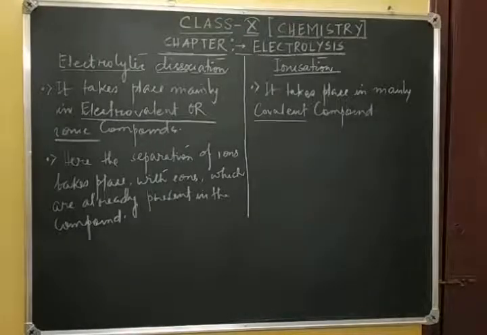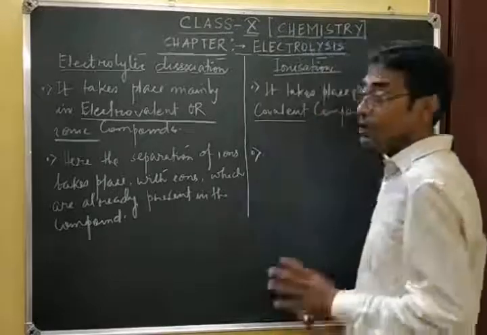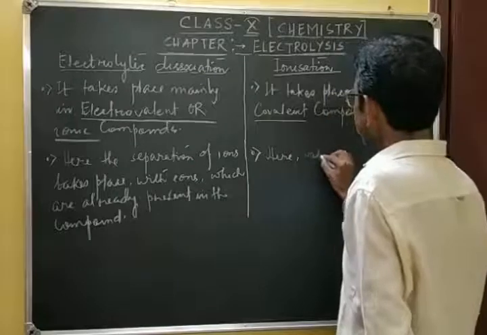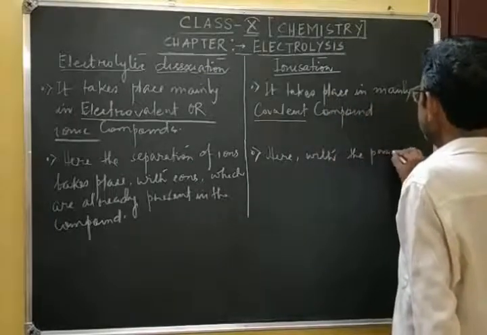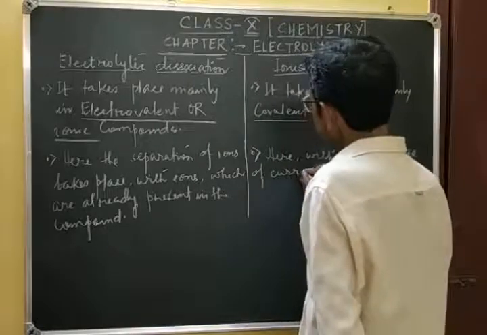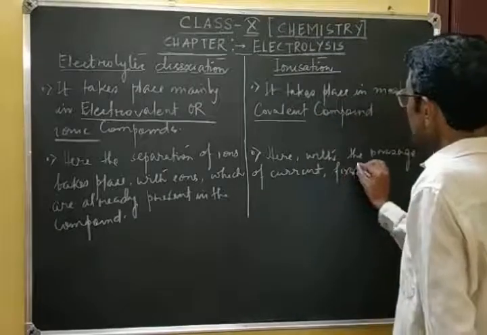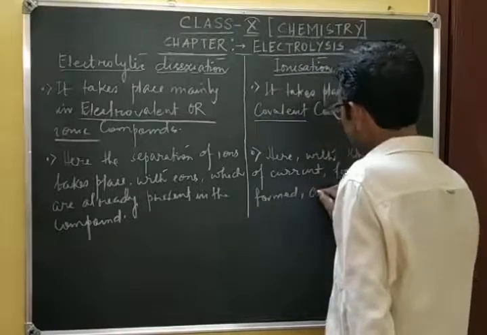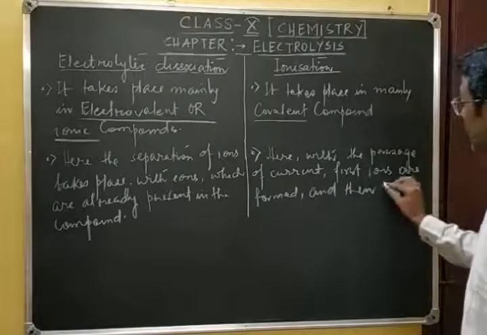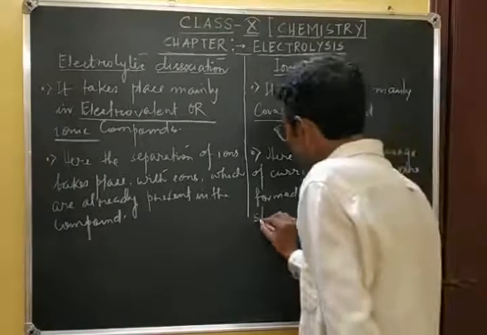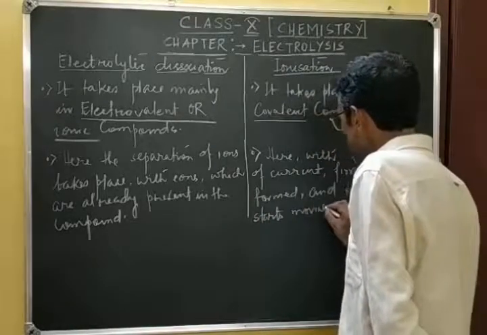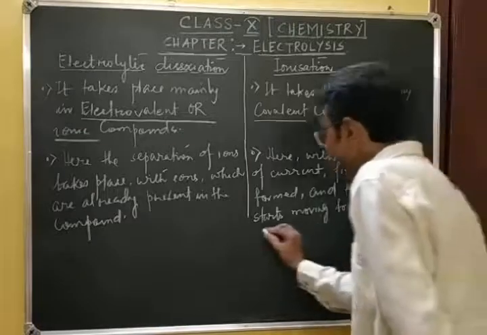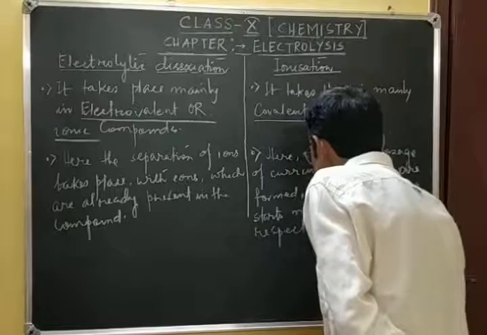So here, with the passage of current, first ions are formed, and then the ions start moving towards the respective electrodes.